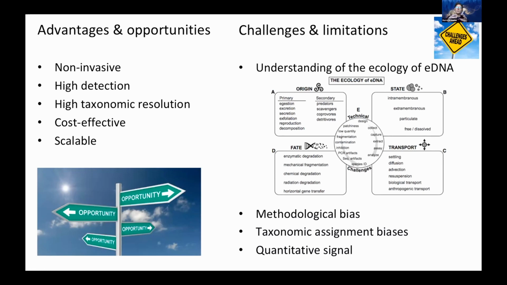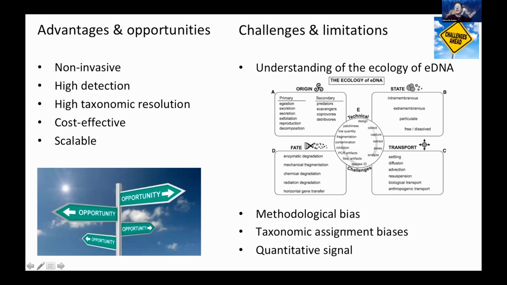So we take a sample here, but maybe the eDNA originated somewhere in another part of the ecosystem, and once out there, it degrades rapidly. And then there are methodological biases and biases related to the taxonomic assignment and to the interpretation of the quantitative signal.